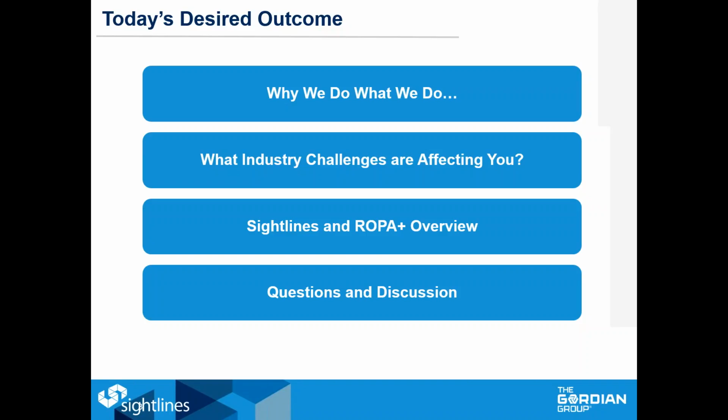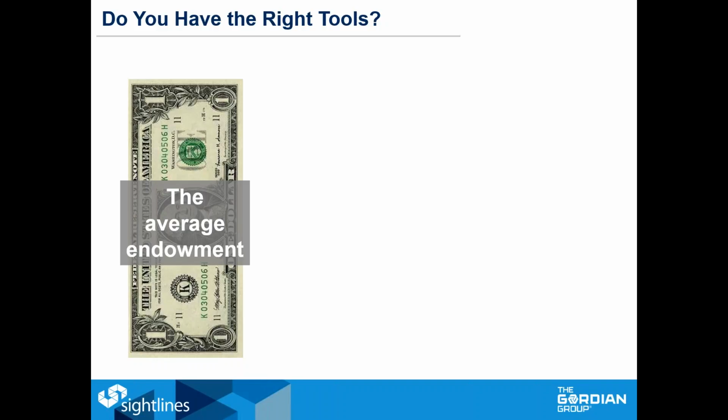So jumping into why we do what we do, I want to go into a story, and the story starts in 2000 at an Eastern Regional NACUBO meeting. When we started Sightlines, we had our instincts as to what the needs are in the marketplace, but it was best personified and explained by the exchange that we had there.